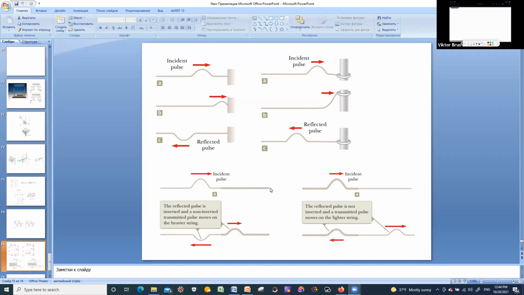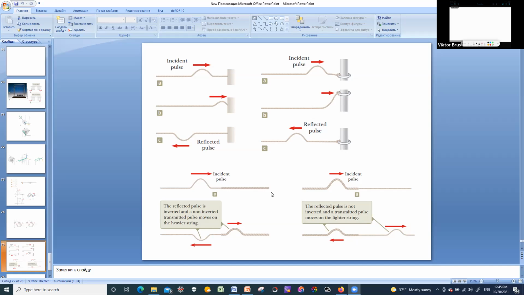We assumed at the beginning that it should be proportional to the tension in the string, and also inversely proportional to the linear density of the string, meaning the weight of a single unit length of the string. The heavier the unit length of the string, the smaller the speed of propagation of this mechanical wave.